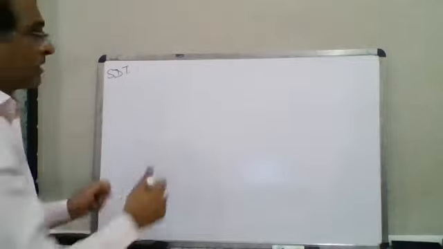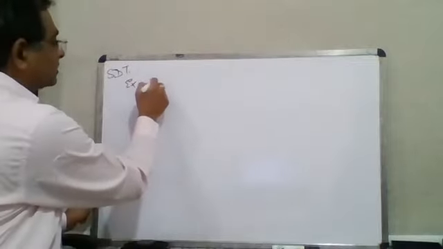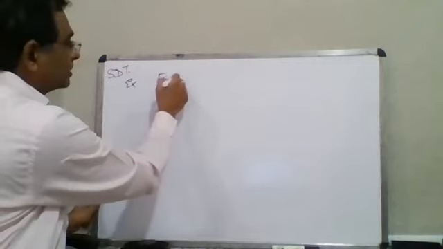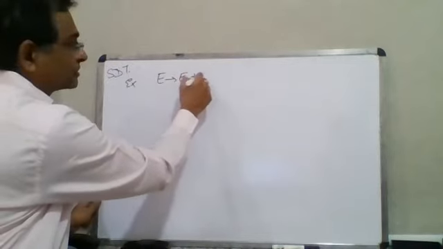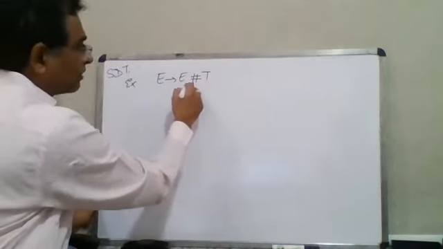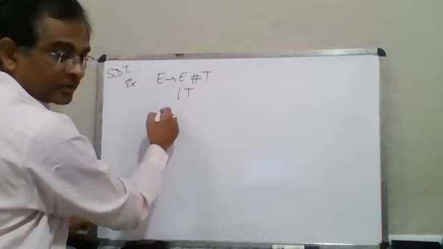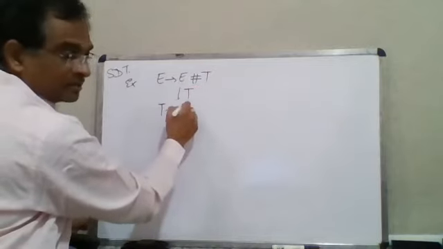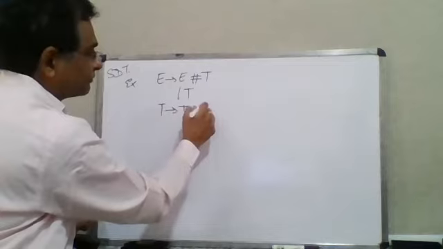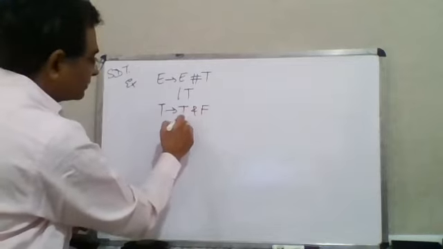Okay, so the example is: I'm giving you one grammar, E tends to E hash T or T, and T tends to T and F or F, in similar lines.